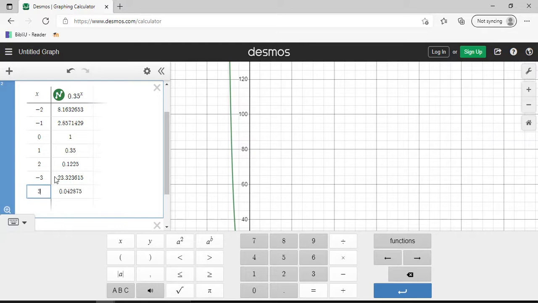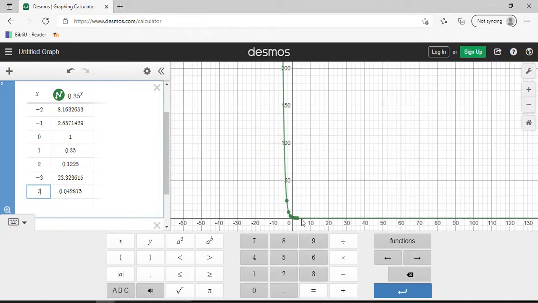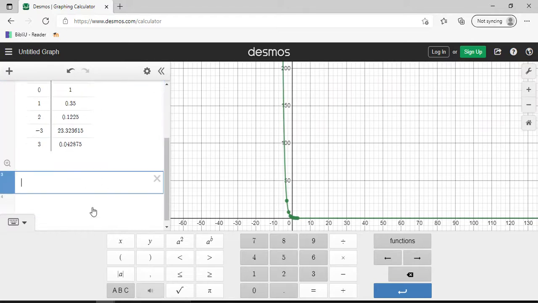So, all right, we have our values here. Okay, so if we come here and look at this graph, you notice here that this graph is in green. This would be our H of X. Now we come to our G of X. Now, G of X, we still will put Y is equal to, and then we will have our 1/5 to the X.